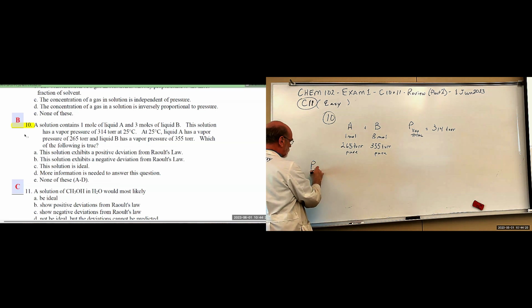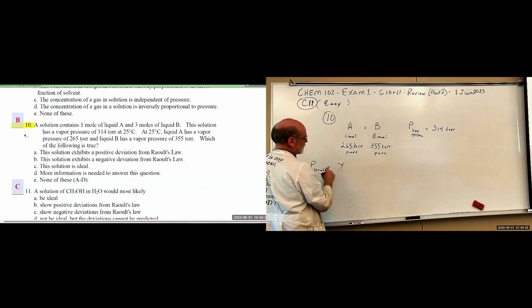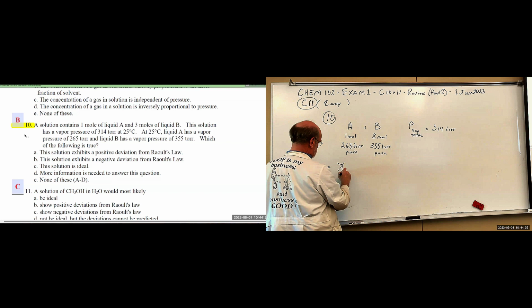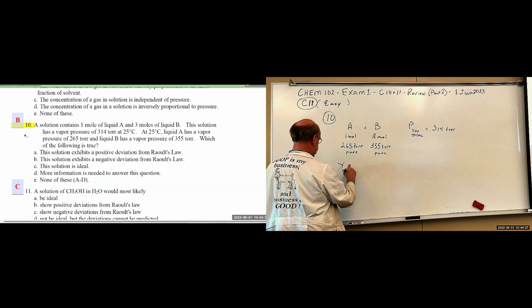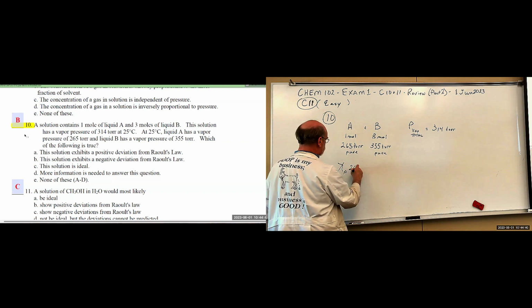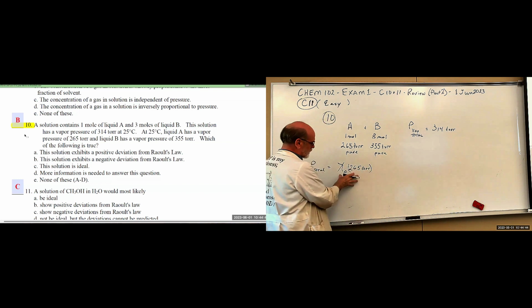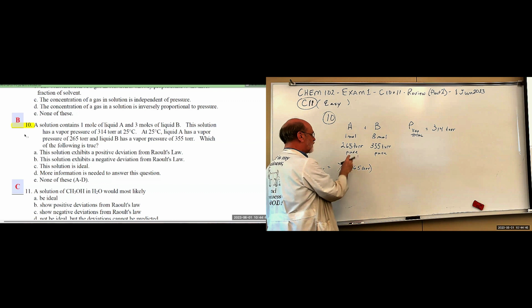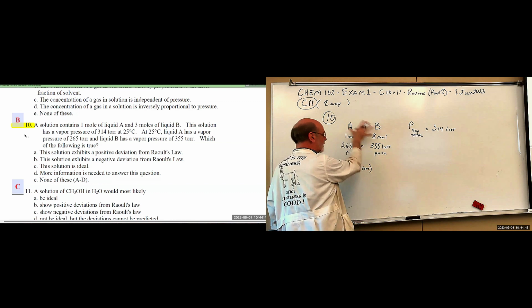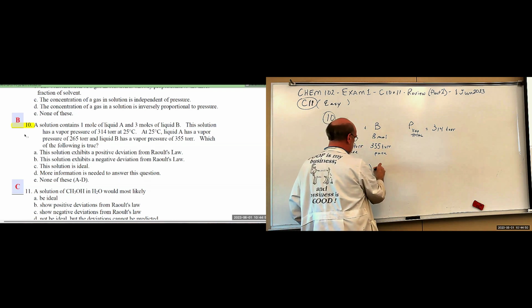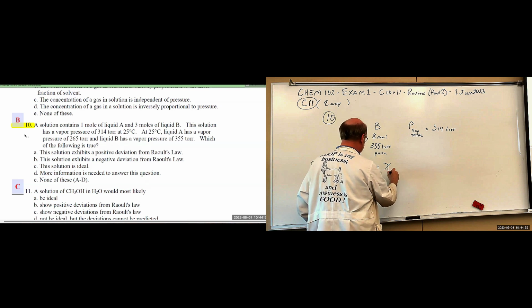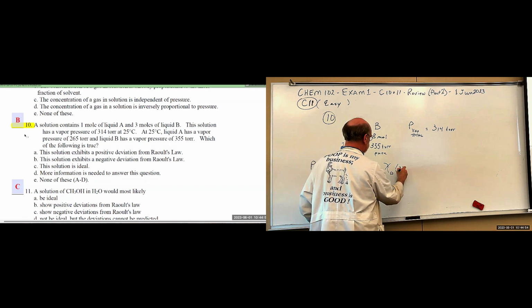The total pressure is equal to the mole fraction of A times 265 torr. That's the pressure that's due to A based upon its relative amount of the whole. And then the mole fraction of B times its value, 355.